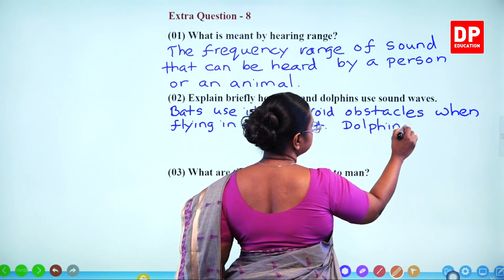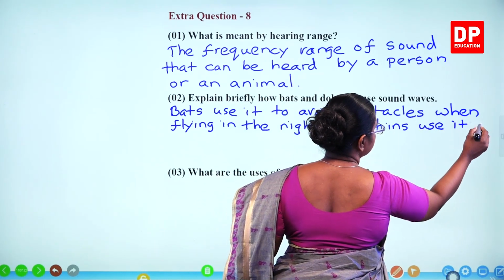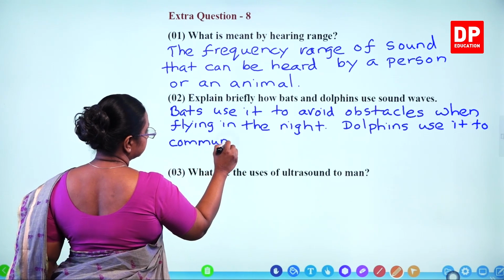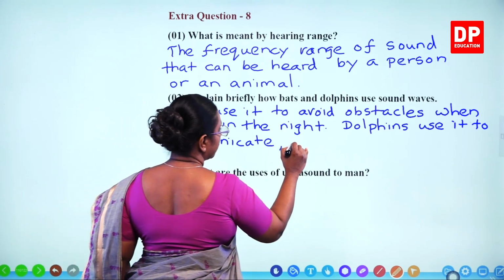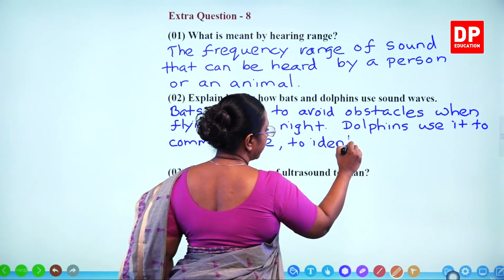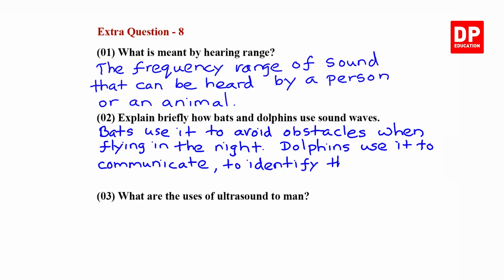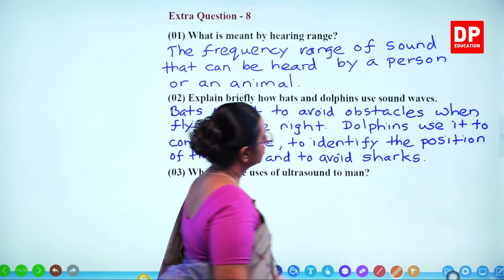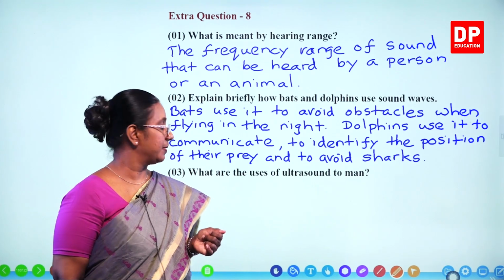Dolphins use it to communicate, to identify the position of their prey and to avoid sharks. So they use it for 3 different purposes.